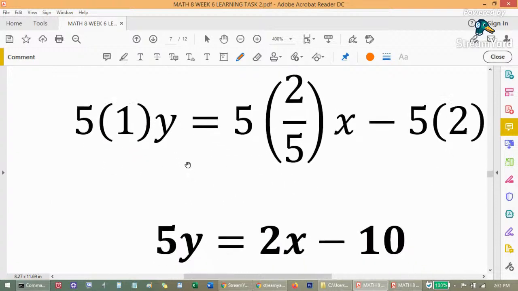Okay, so ang mangyayari dito is 5 times 1 is 5y. And then tong 5 dito, cancel with 5 dito, magiging 2 times x is 2x. And then minus 5 times 2 is 10.